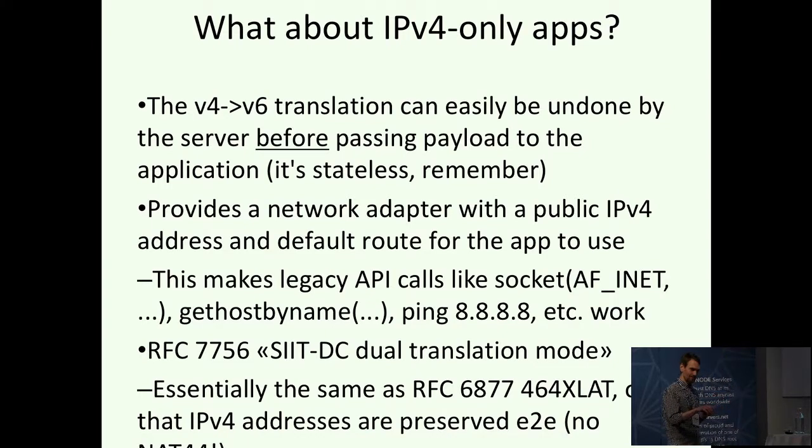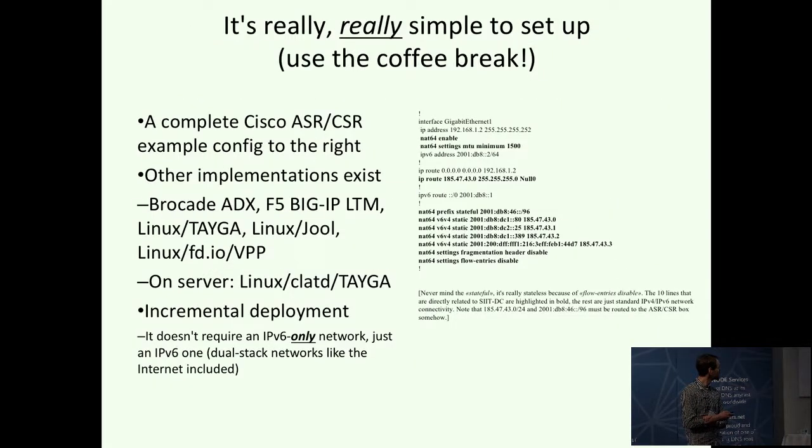So that virtual interface on the server will have the public IPv4 address assigned to it. So there's no NAT of v4 addresses. So you can run encrypted FTP across this if you want, and it will work. Try that with a v4 NAT.